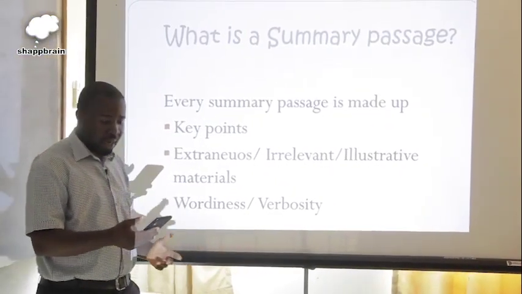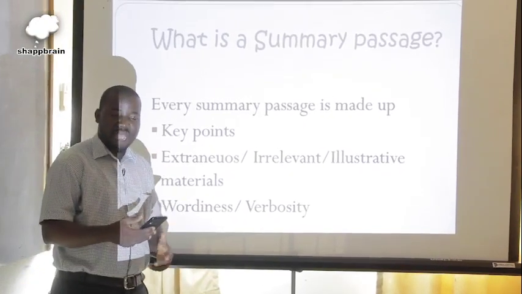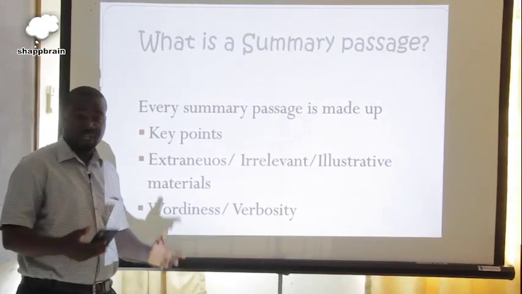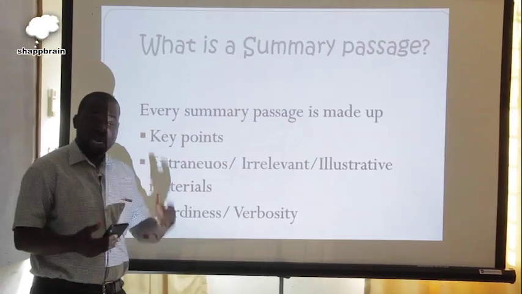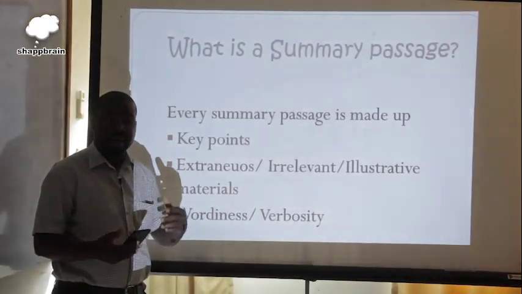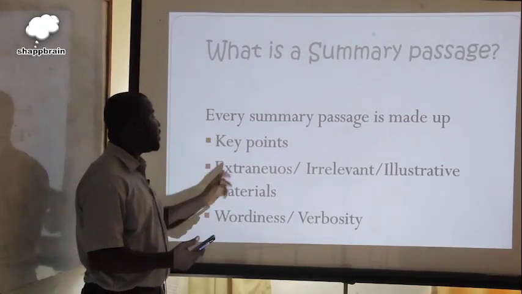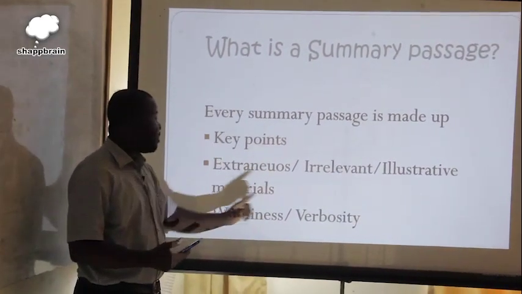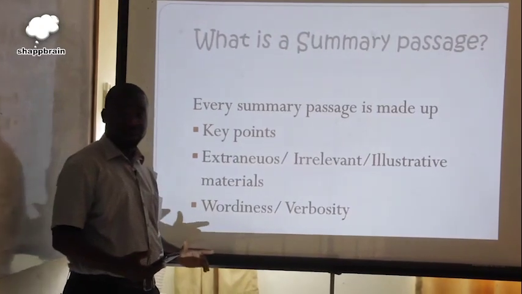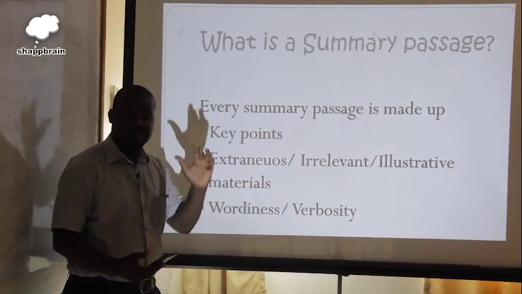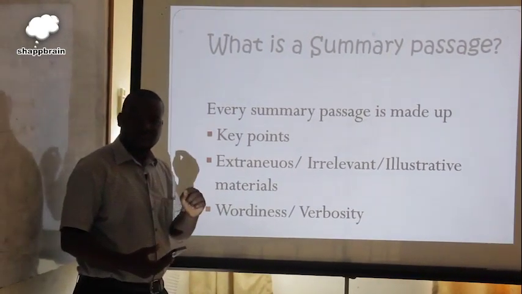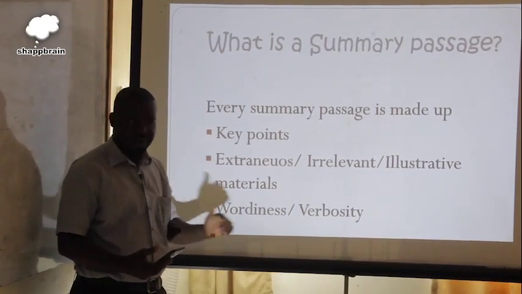To begin, let me ask a question. Everybody knows that when you have a passage, it is made up of a lot of materials. What we have on the board here is that every passage is made up of the following. Every summary passage that you have been asked to answer is made up of the following.